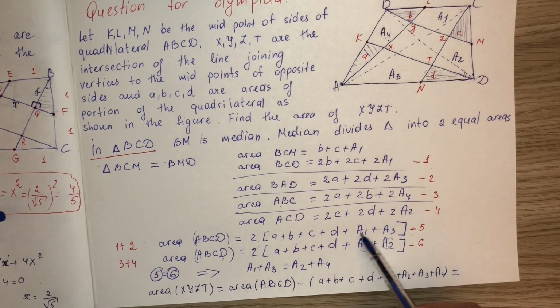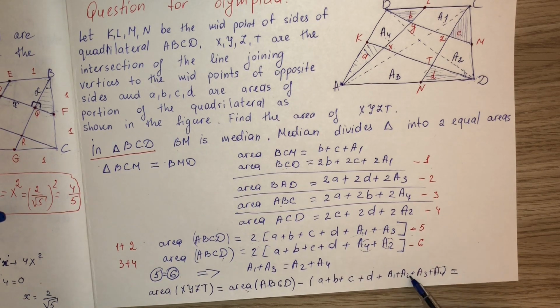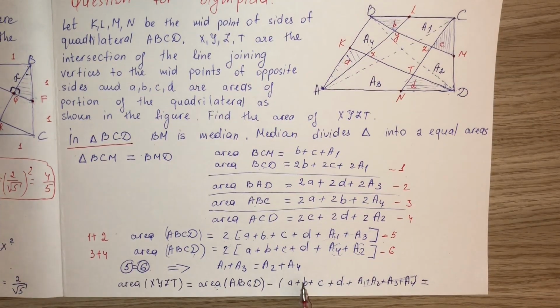Yes, here 2 times A1 and A3, and A1, A2, A3, A4 are cancelled out. And now we will get that 2 times ABCD can be cancelled out by ABCD, and we will get just one ABCD.